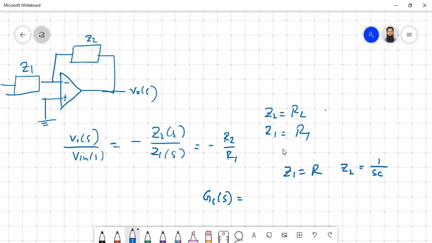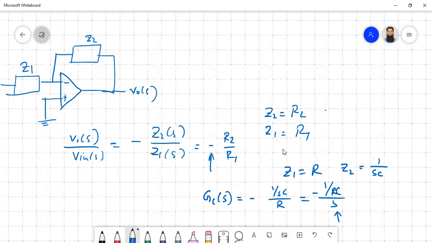The minus sign will always be there, because this comes from the inverting amplifier. So minus 1 by SC divided by R. If you take the constant away, it is basically 1 by RC S, so one pole at the origin, that is an integrator.